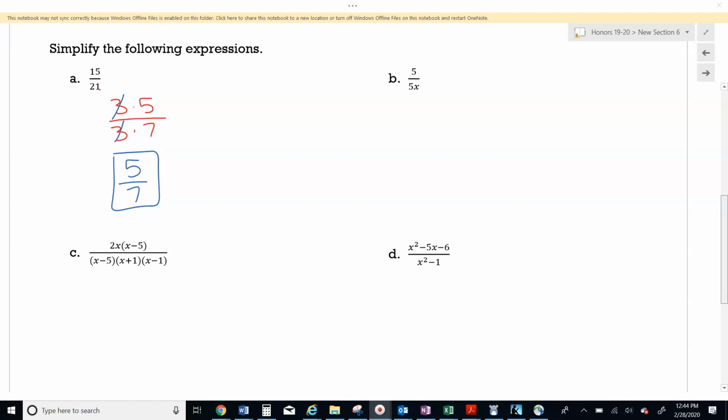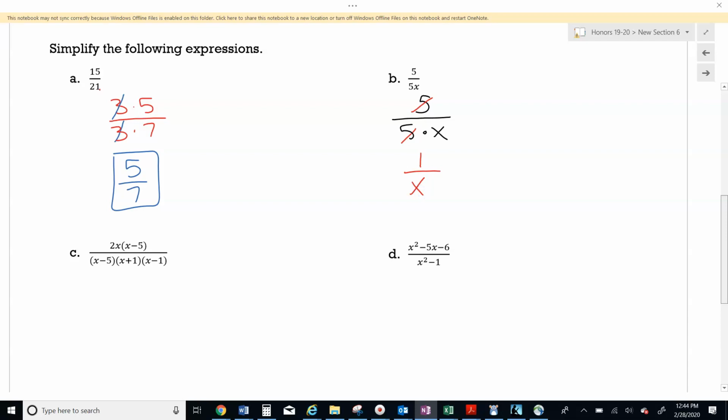Looking at letter B, 5 over 5x is the same as 5 over 5 times x. So 5 divided by 5, those do cancel. But what we have to be very careful of is we cannot have no numerator.